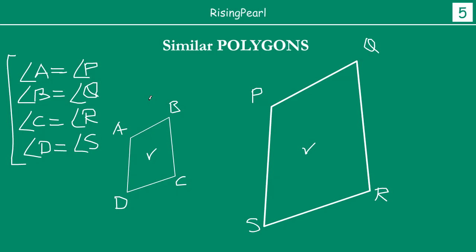But also we know that their corresponding sides must be in the same ratio, right? So it follows that, let's write it here, AB by PQ, this ratio must be equal to BC by QR.